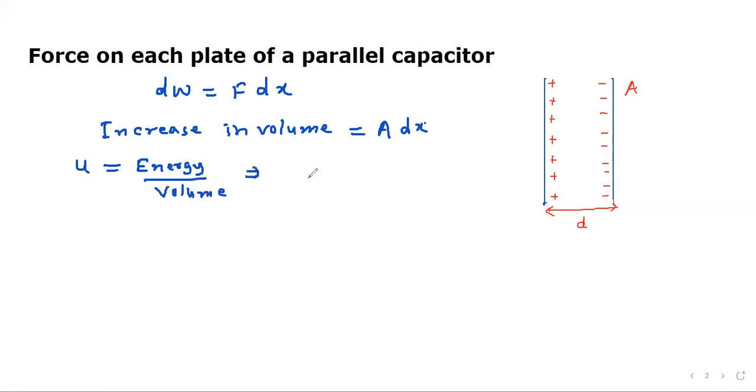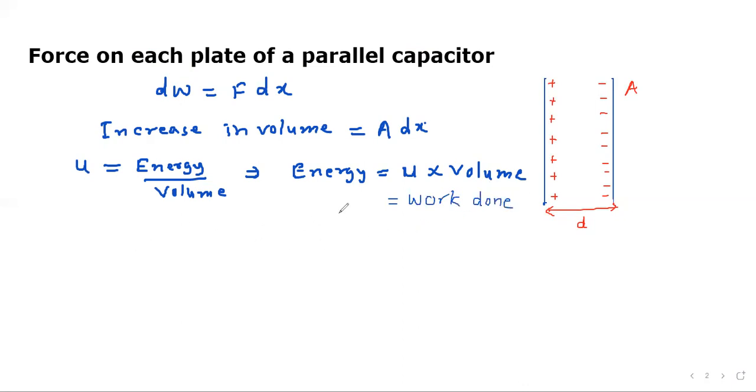So from here, we can get energy equal to energy density U times volume. Now we put the values. And also we know that energy is equal to work done.